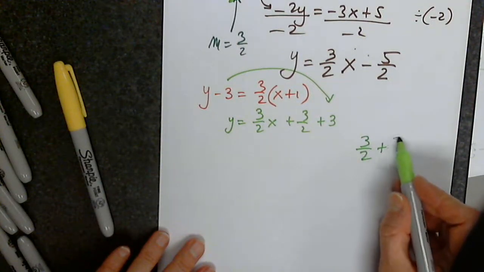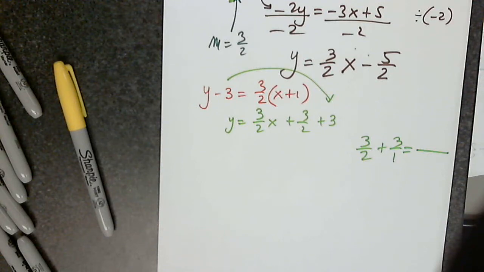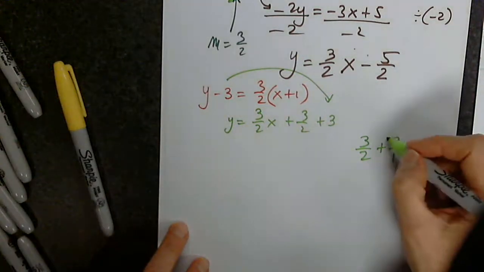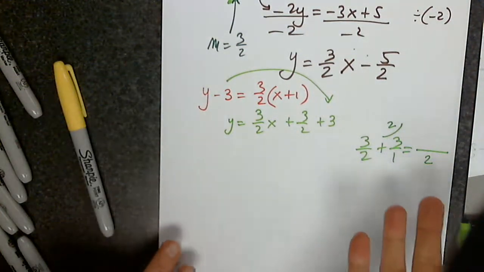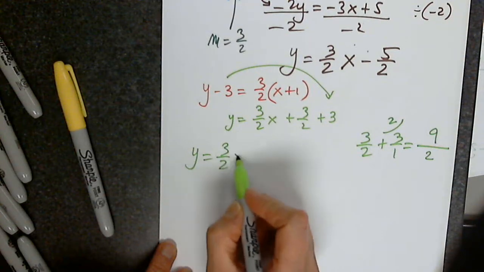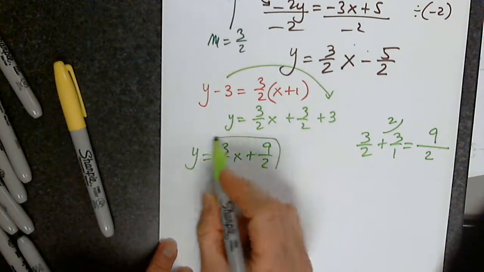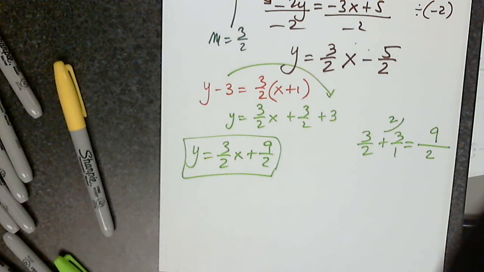So 3/2 plus 3/1, what is the LCD? 2. What do I need to multiply the top of the second one by? Yes, 3 plus 6 is 9. So y equals 3/2 x plus 9/2. Any questions?